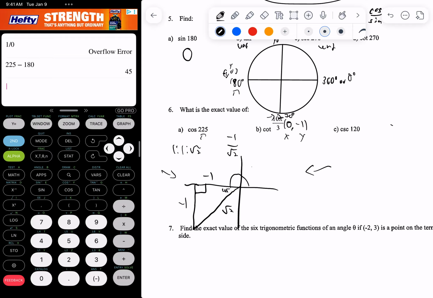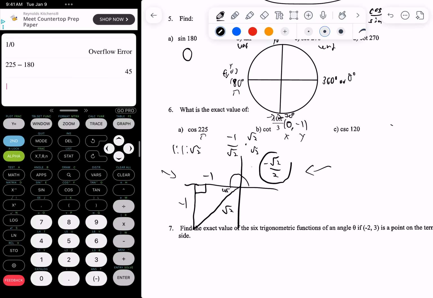Now you cannot ever have a rad 2 in the bottom, so you're going to multiply both parts by rad 2. You'd end up with negative rad 2 over 2, because rad 2 times rad 2 equals 2, as we discussed in a previous video. And that is your final answer. So I'm going to erase it now, and we're going to move on to the next one.